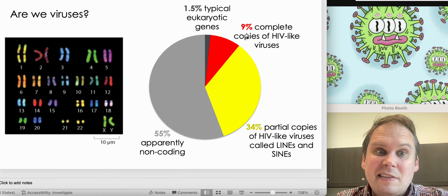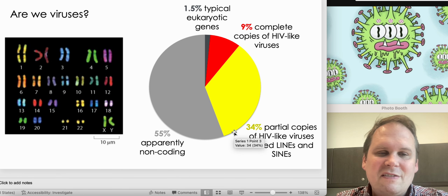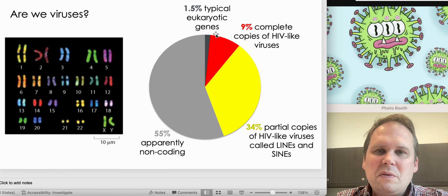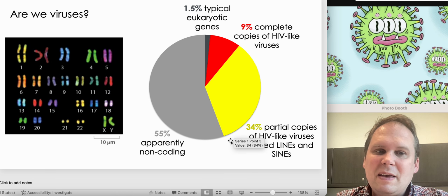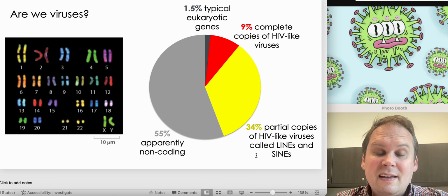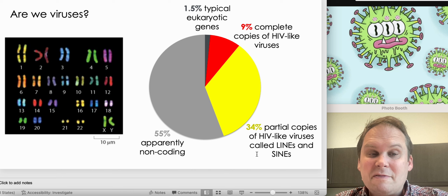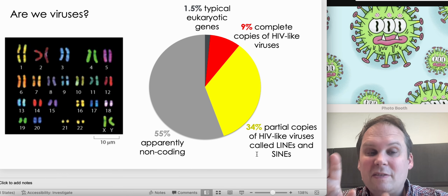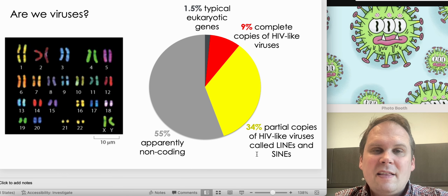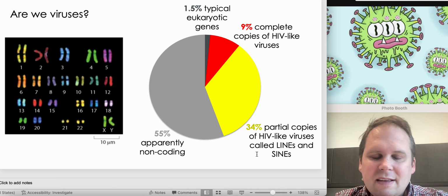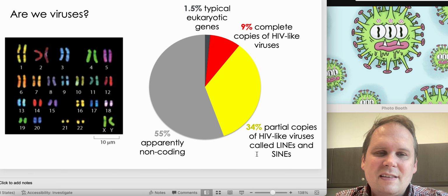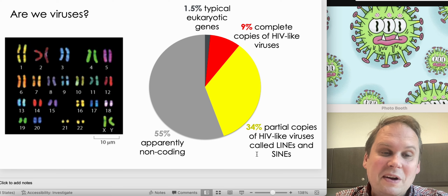And then there's all these other things that are like viruses, but a little bit more broken and ancient. And so together, those things make up pretty close to half of your DNA. It's hard to classify a person as anything but a virus if you look at it from a genetic standpoint. The reason we generally don't classify humans as viruses is that we make the rules and we don't want to.